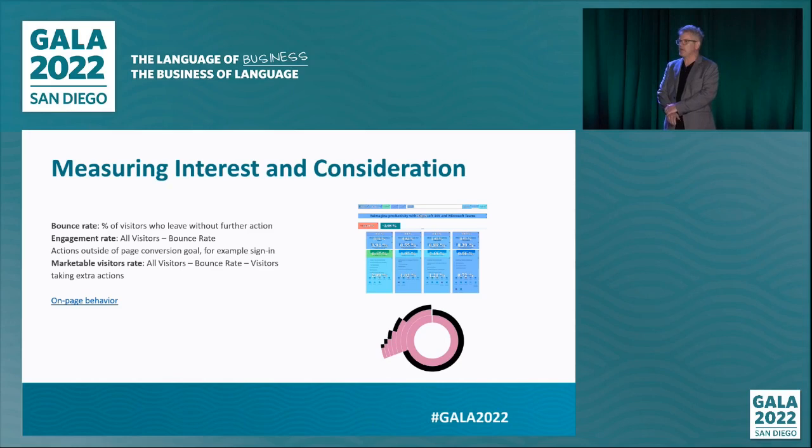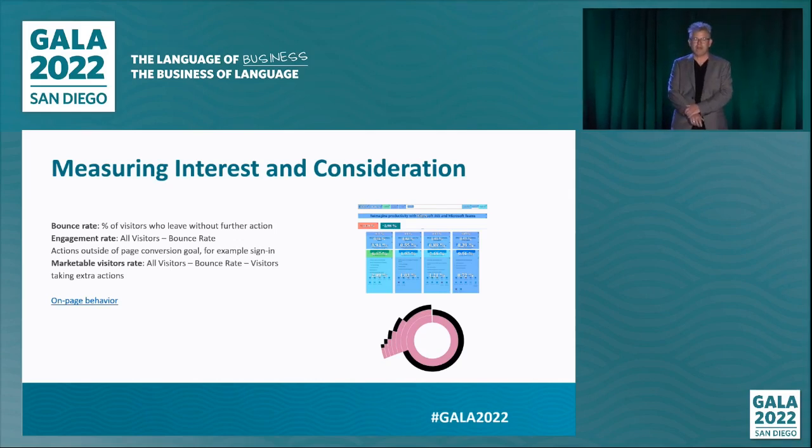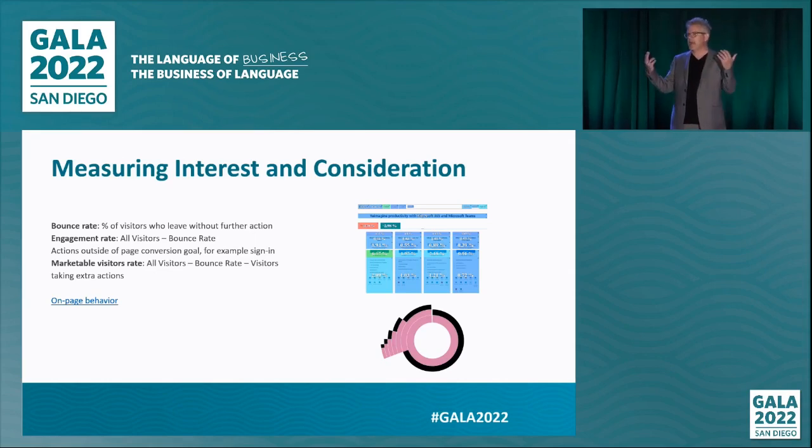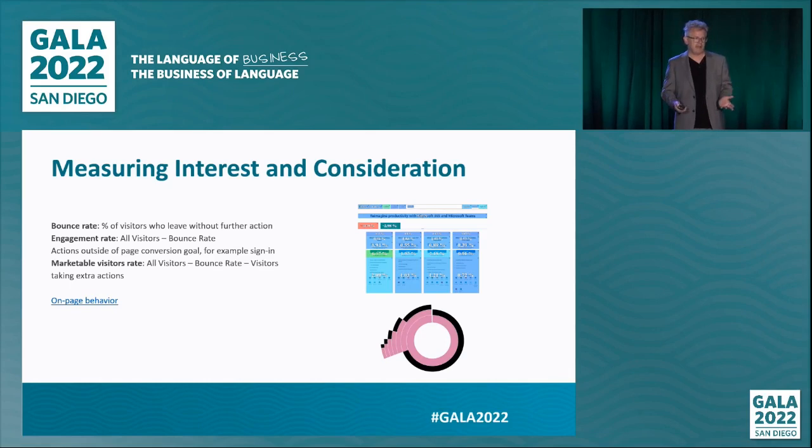And since you also will have people who read the content on your page, even in today's age, there's still people who really consume the content, you want to put a time threshold on that. So if they spend a certain amount of time, you know that they actually really were looking at the information there. But if they leave the page without clicking anywhere, that would be considered a bounce.